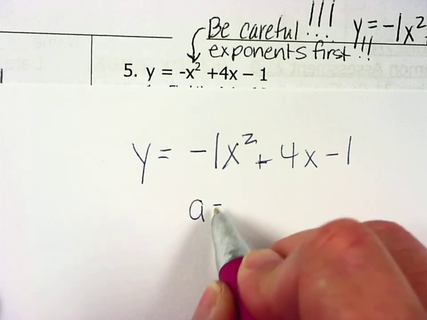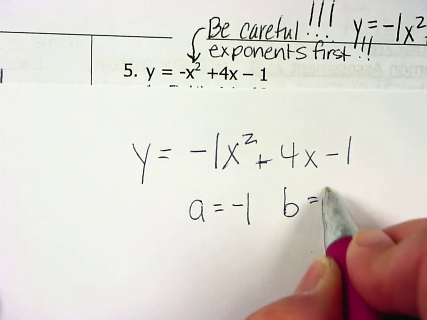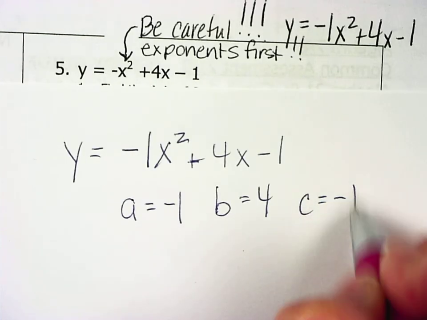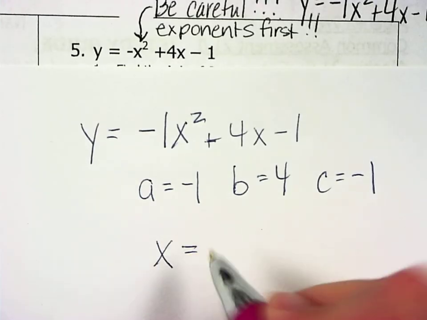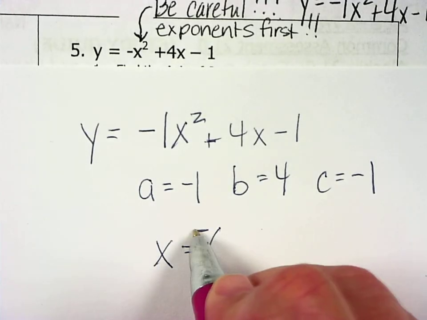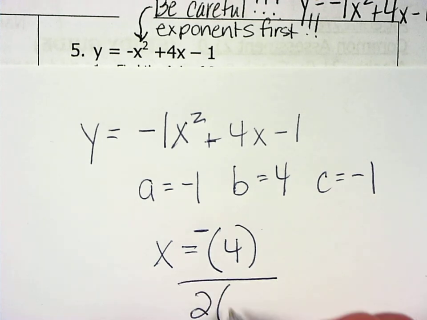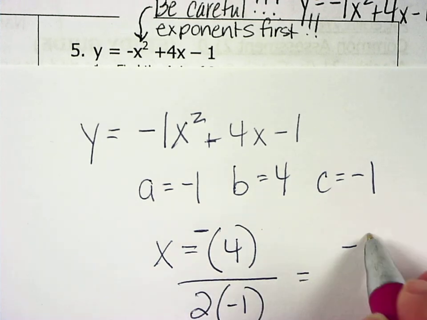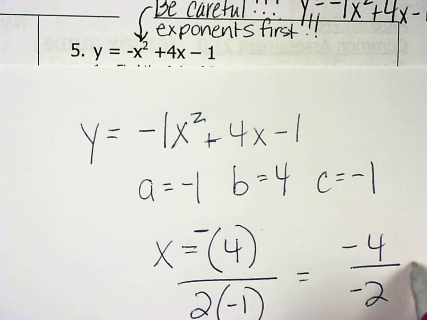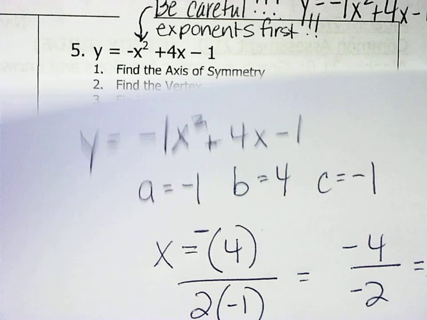A is -1, B is 4, and C is -1. X equals negative B over 2A. -4 over -2 is +2. X equals 2 is your axis of symmetry.